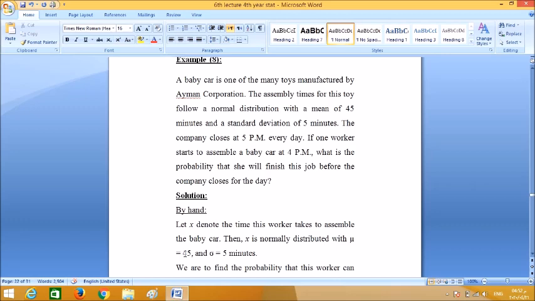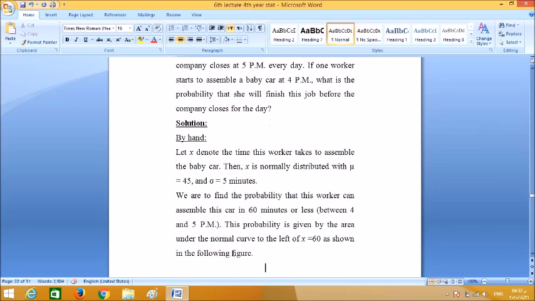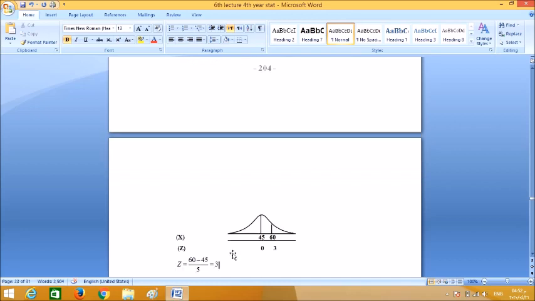Now mu equal 45 minutes and sigma equal 5 minutes. The probability will be, x here equal 1 hour. 1 hour means 60 minutes. So transferring x to be z, when x equals 60, z equals 60 minus 45 divided by 5 equals 3.